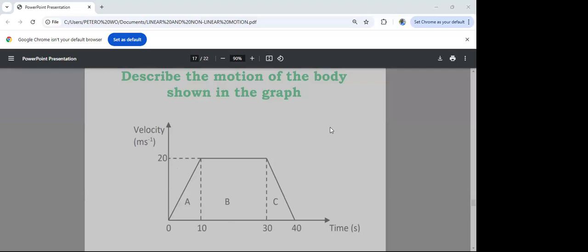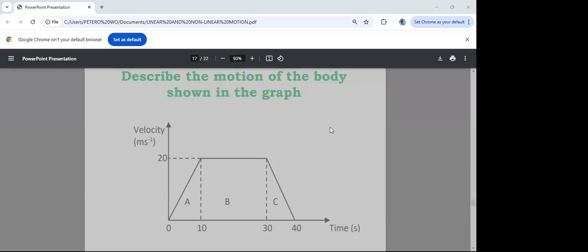For this one, the whole graph has 3 statements. Oh, right. So from A, from 0, for 10 seconds.